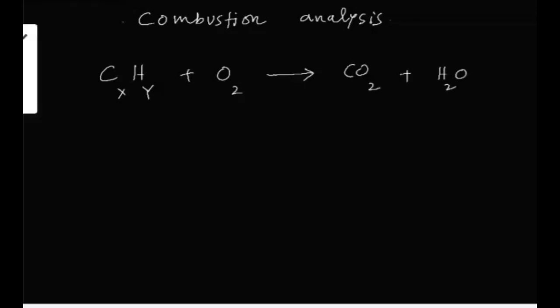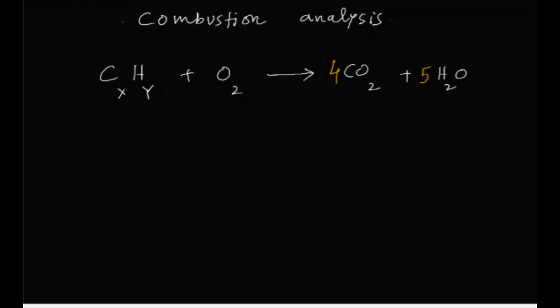Now, if you have fixed the coefficients, say 4 is here and 5 numbers here, you can predict the formula of this unknown alkane by using the coefficients which are before the carbon dioxide and before the water.